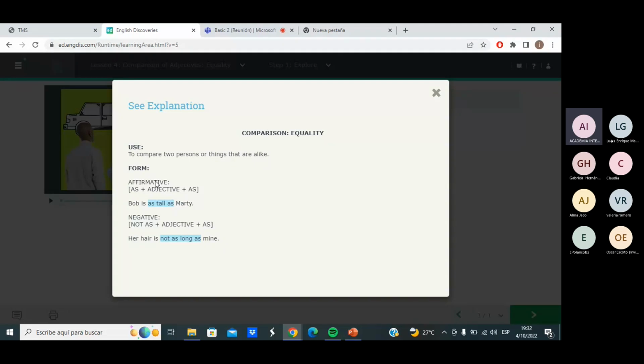Para comparar dos personas o cosas que son iguales. Affirmative, para la afirmación usamos as, adjective, as. Bob is as tall as Marty. Negative, we use not as, adjective, as. Her hair is not as long as mine. Su pelo no es tan largo como el mío. Para la negación.